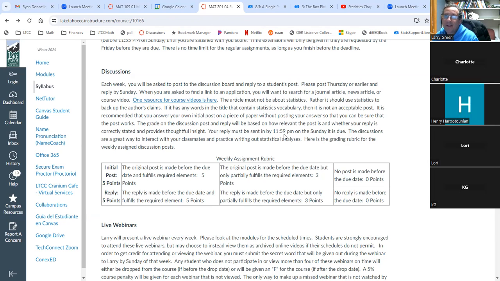And then that's the final piece. So there's 2 pieces. The first piece is due on Thursday. The second piece is due on Sunday. And I always send a reminder on Thursday morning at 8 in the morning that, hey, don't forget to do your initial post on the discussion. So that's how the discussion works.